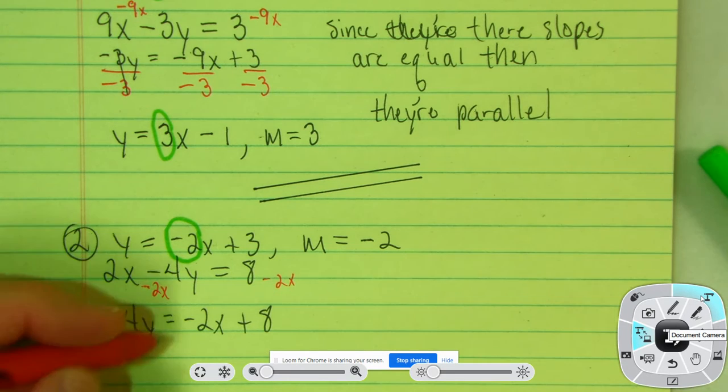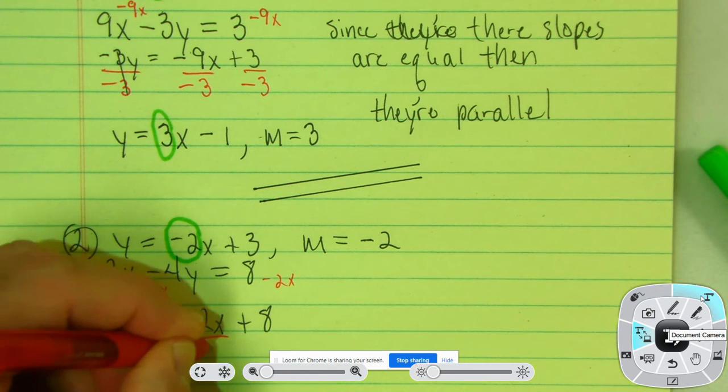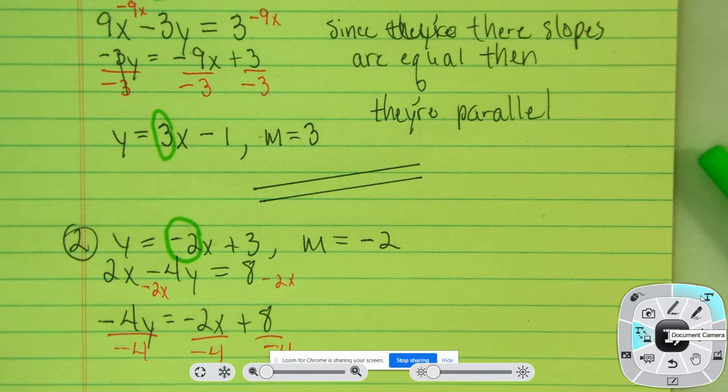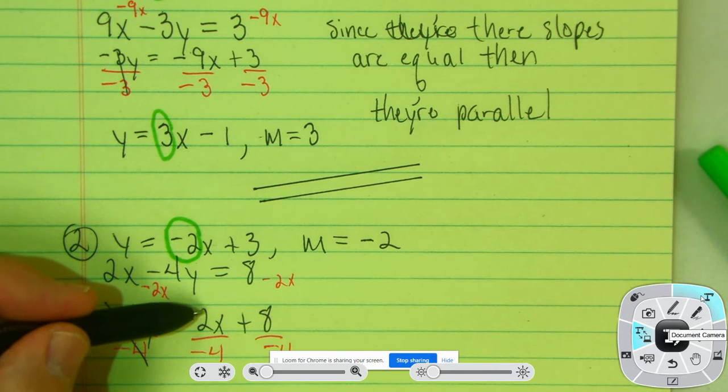And I'll need to go through the equation and divide every term by negative 4 so I can isolate y. When I do that, those cancel, which is what I want to have happen. So y is equal to, negative divided by negative is positive, 2 divided by 4.